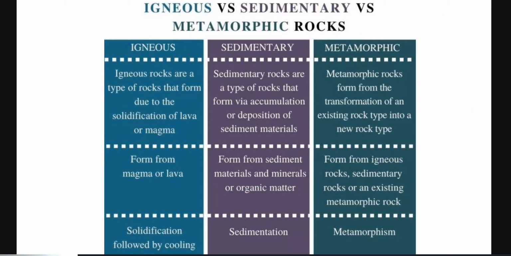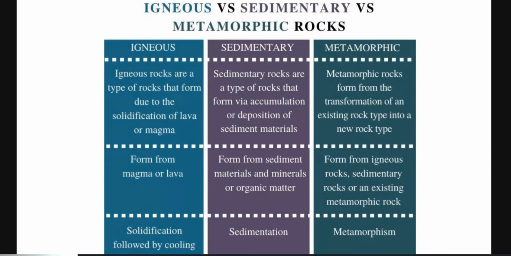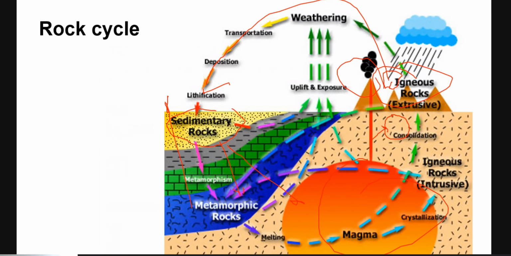Sedimentary rocks are a type of rock that forms by accumulation or deposition of sediments, from different materials or different stones or rock types, and this is formed by sedimentation. And metamorphic rocks are formed by transformation of an existing rock, whether sedimentary or even igneous rock.